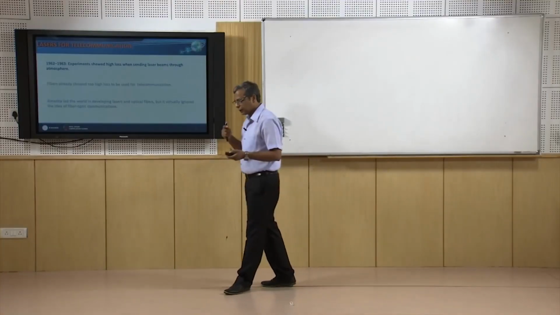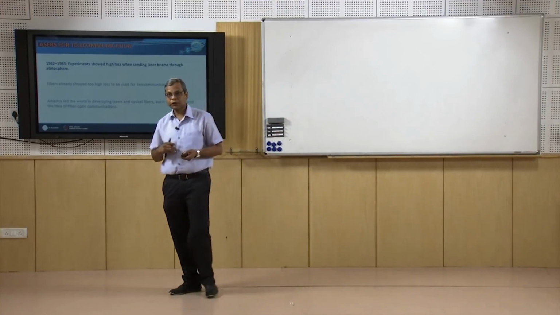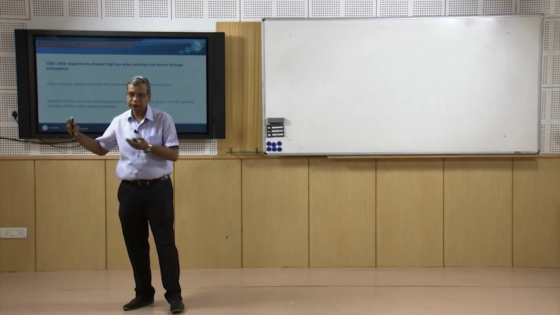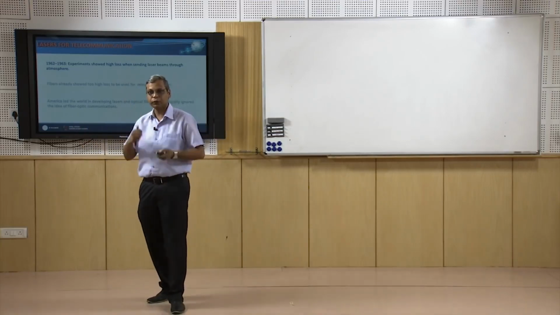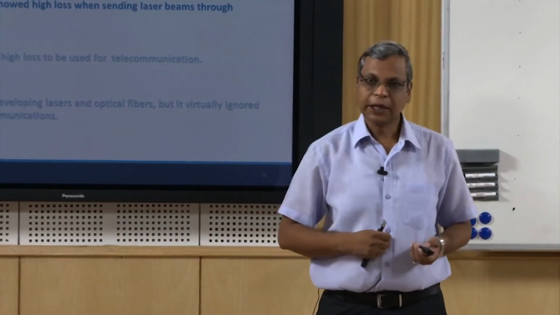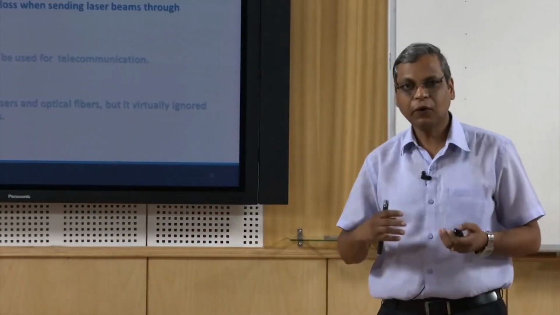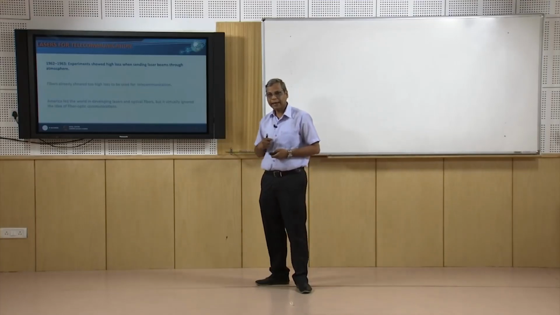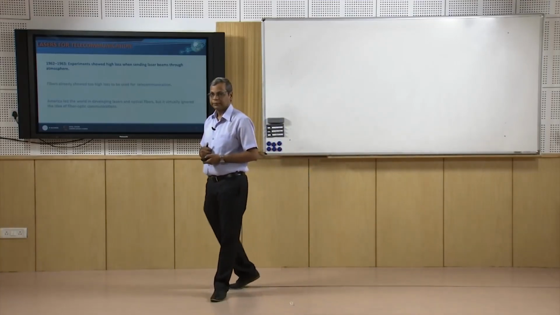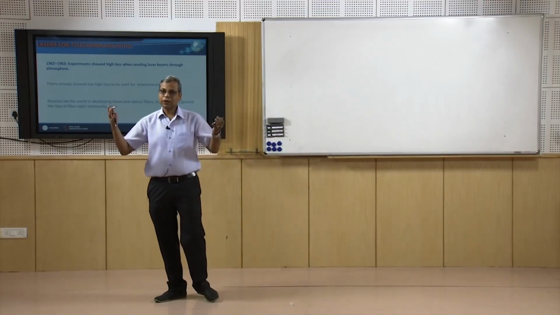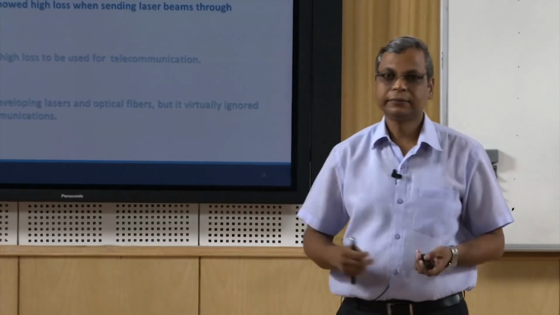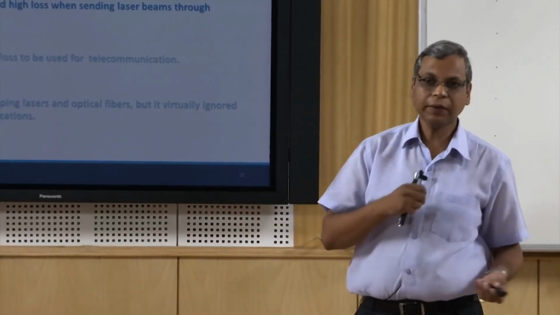For example, you are transmitting some music signal, you are listening to music, and suddenly a bird crosses the laser beam and your music stops. Suddenly fog settles in and your beam is attenuated. If there is thunderstorm, there are dust particles, they scatter light, beam is attenuated.